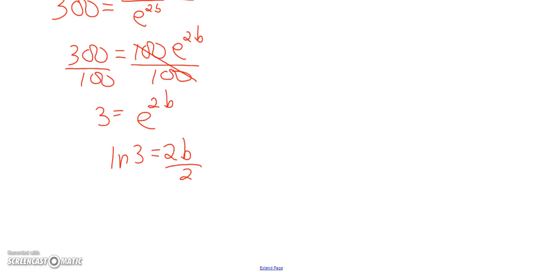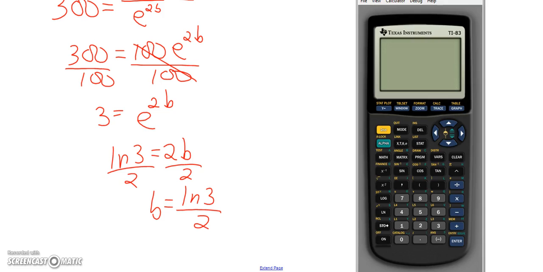So I divide by 2, divide by 2. b is equal to the ln of 3 divided by 2. We can do that in a calculator. Type in the ln of 3, enter, divided by 2, enter. So b is approximately 0.5493. We'll estimate to 4 decimal places.